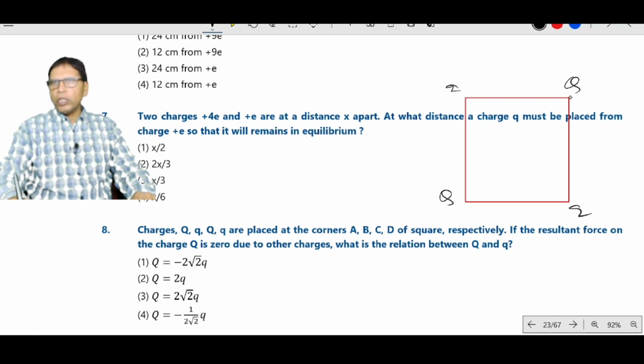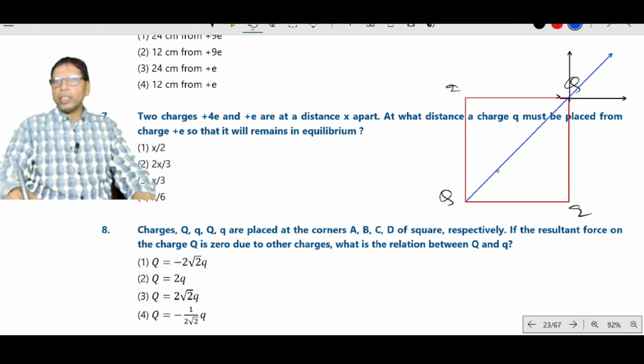Now we have to calculate the force on capital Q by three charges. This Q charge repels capital Q along this direction, this Q charge repels this charge along this direction, and this Q charge repels this Q charge along this direction. The resultant of these three forces is zero.